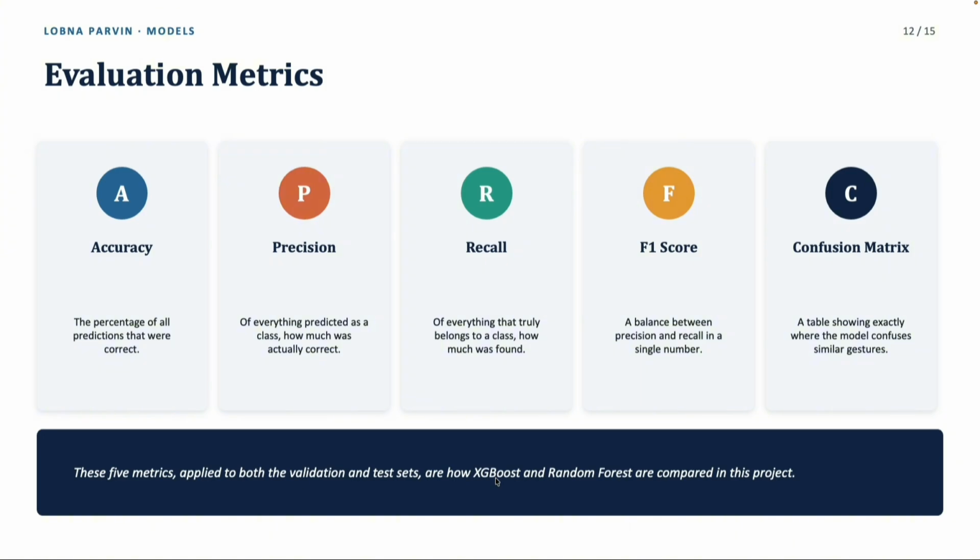F1 score combines precision and recall into a single balanced measure. Finally, we used the confusion matrix, which helps us see which gesture classes are being confused with each other. We applied these metrics to evaluate both XGBoost and Random Forest on the validation and test sets.